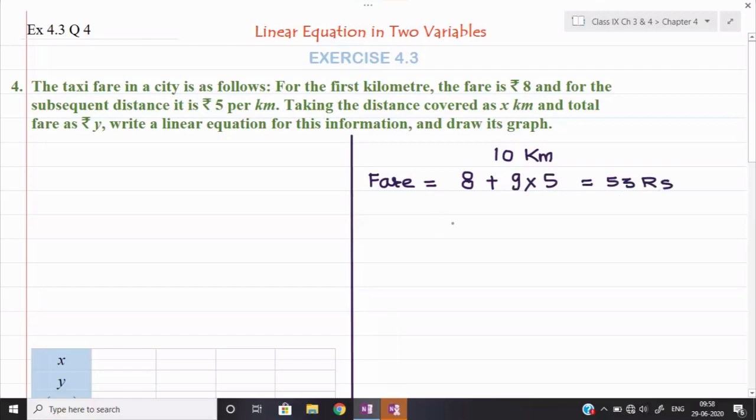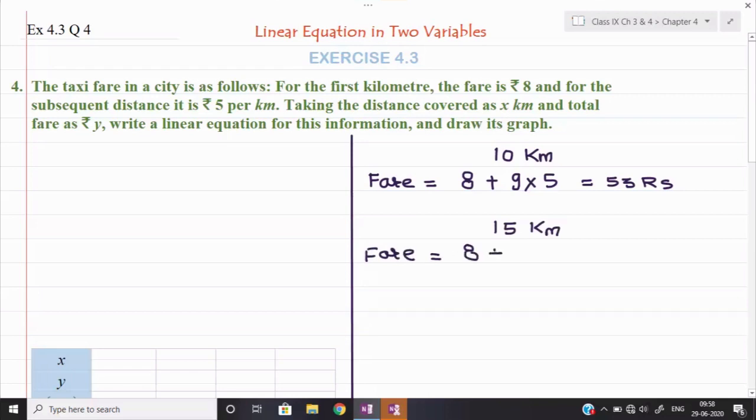Similarly, suppose a person is going 15 kilometers. Then again the fare for the first kilometer is 8 rupees.